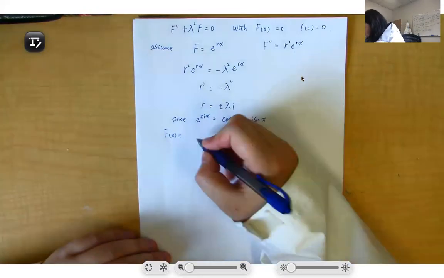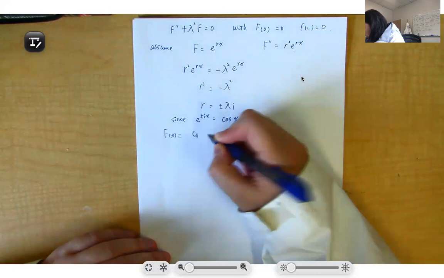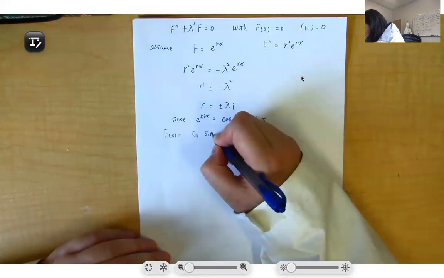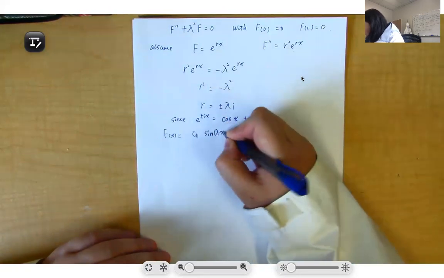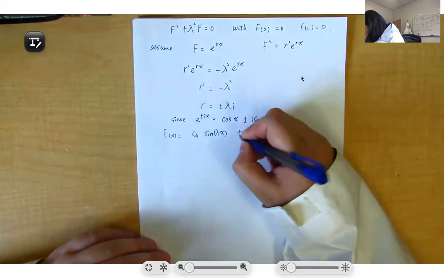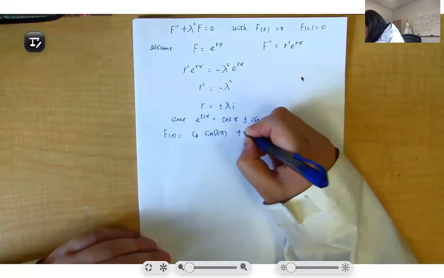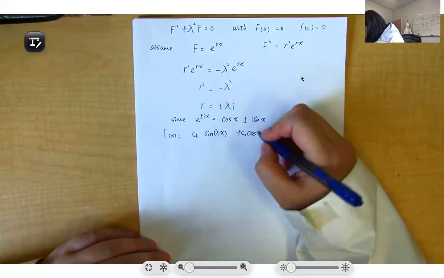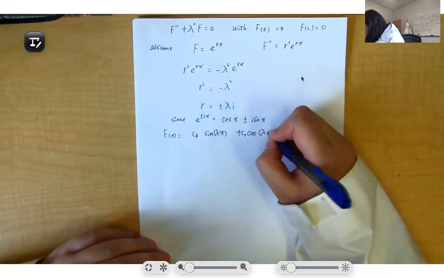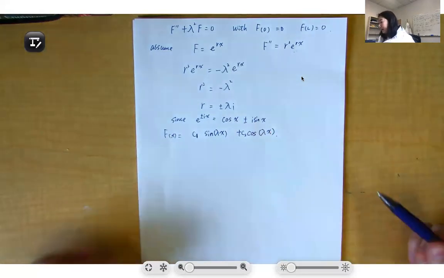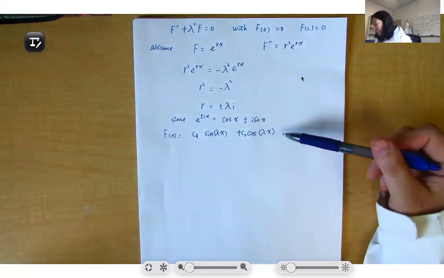So it's c1 sine lambda x plus c2 cosine lambda x. So that is our f(x) term.